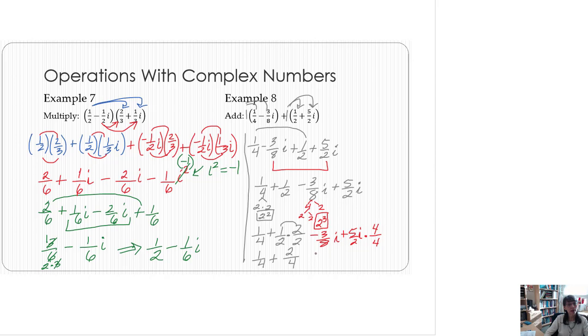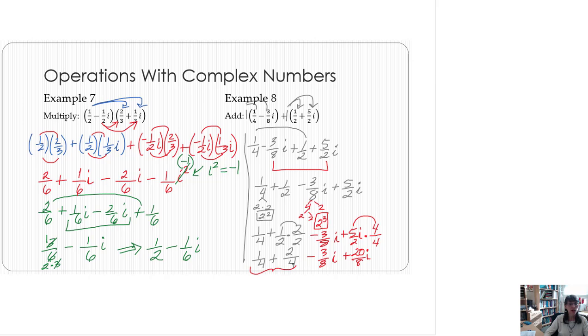So the new values still have negative 3/8 i, but now this numerator would be positive 20. Denominator, 2 times 4 is 8, and it's still a complex number. So we can go back now to get our answer.